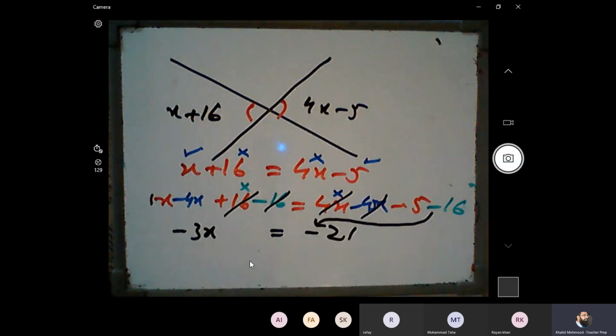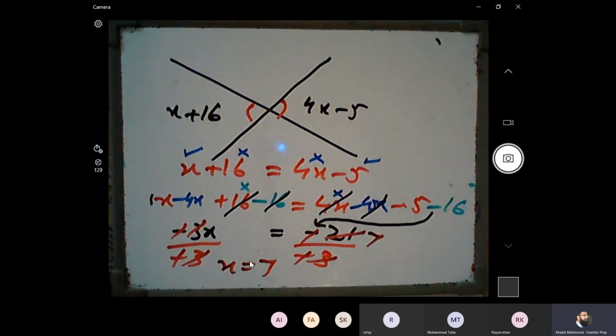Same sign means add. Okay. So minus 3x is minus 21. Now we don't need minus 3. What to do? We'll divide by minus 3 to remove it. And to make it balance, we'll do the same on the other side. Minus minus cancel, and 21 divided by 3 is 7. So x is equal to 7.